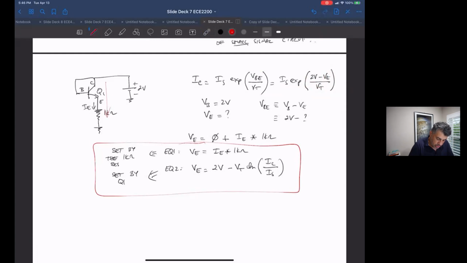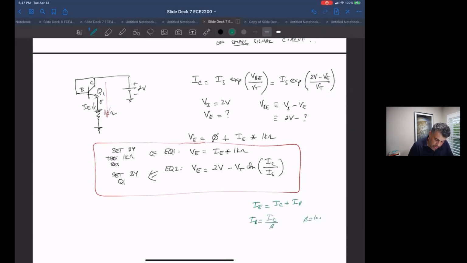Okay. So if I solve these simultaneously, and by the way, I'm going to go back here and make another statement, is that I sub E is equal to I sub C plus I sub B, and I sub B is equal to I sub C over beta.